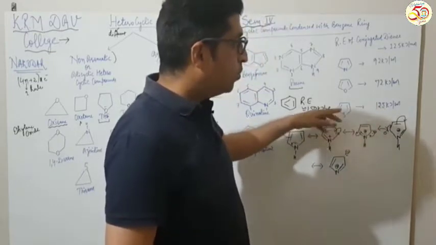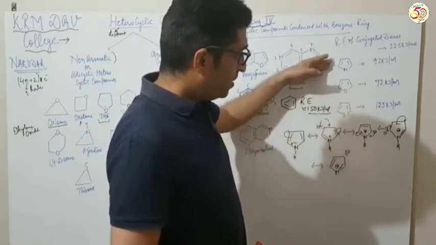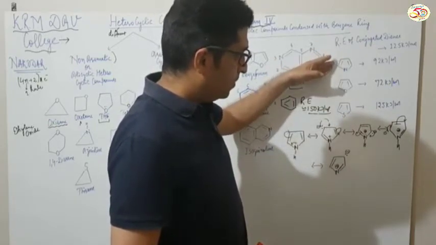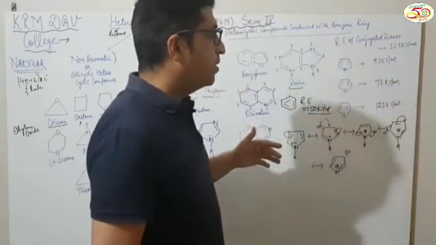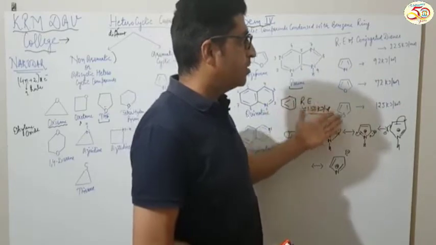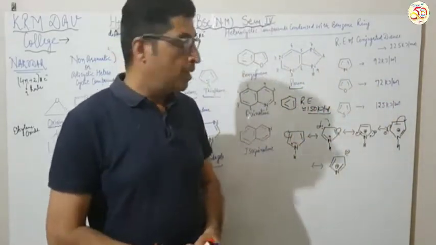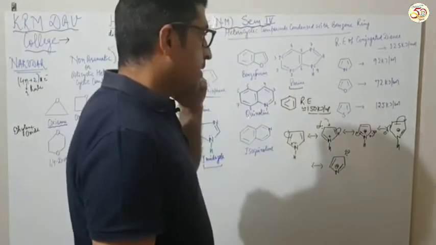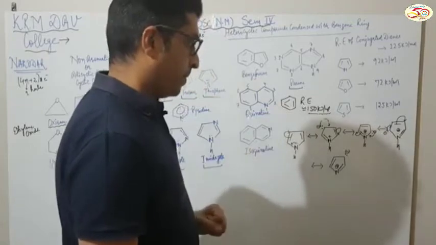Resonance is more prevalent in thiophene. Then comes pyrrole, where resonance energy is 92 kilojoule per mole. And then furan, where resonance energy is 72 kilojoule per mole. It means benzene is the most stable one.